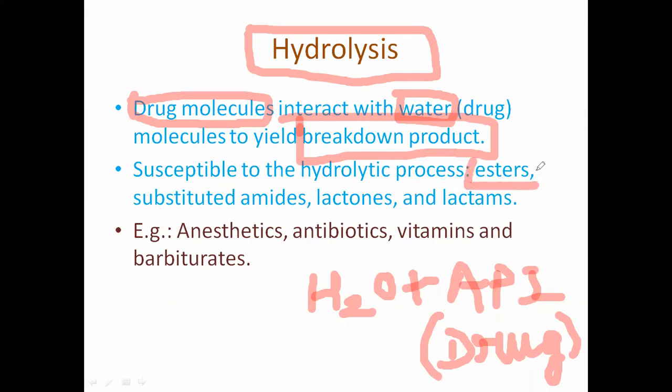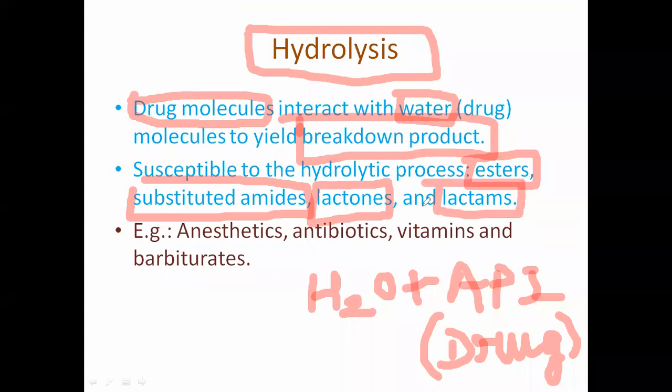For example, esters, then we have substituted amines, then lactones and lactams. An example includes the drugs from the category of anesthetics, because when you talk about the chemical structure of these anesthetics, mainly they are amides and esters.